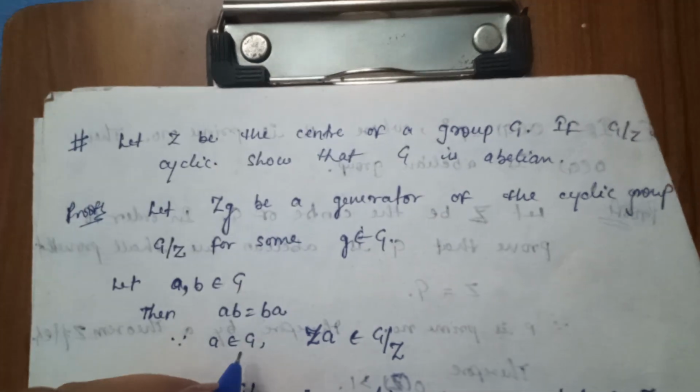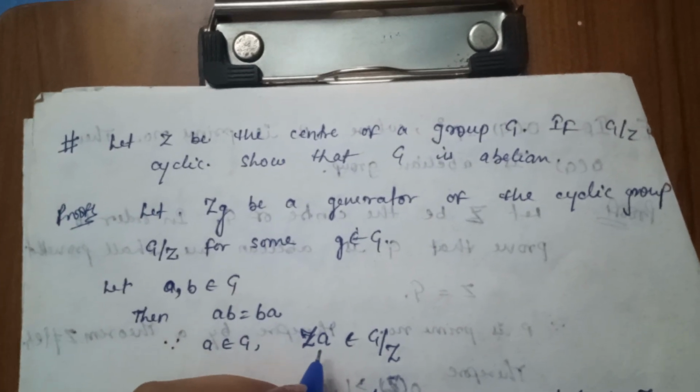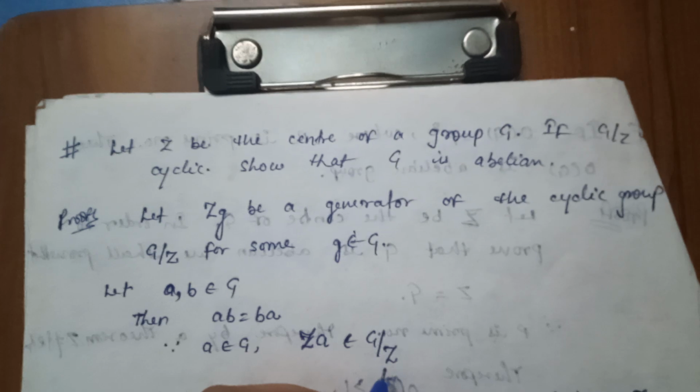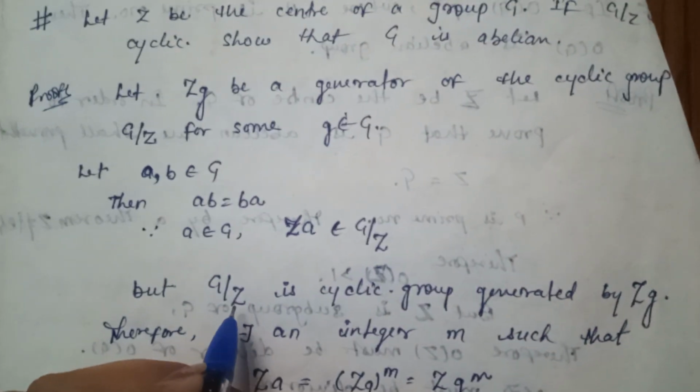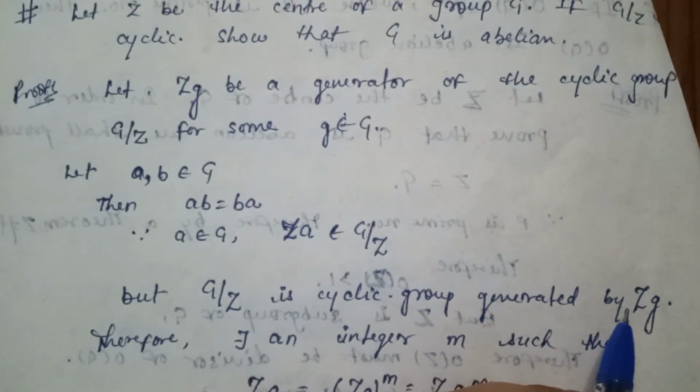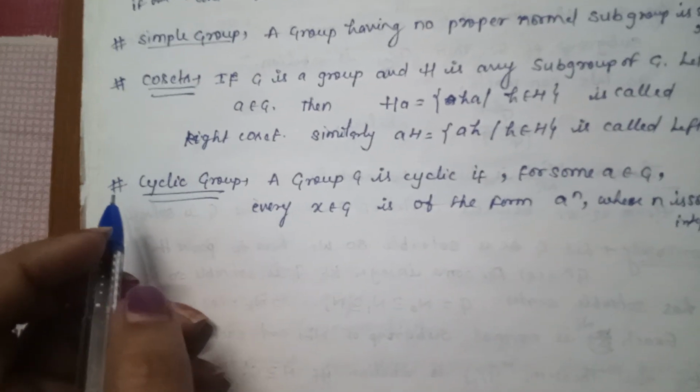Since A belongs to G and ZA belongs to G by Z, but G by Z is a cyclic group generated by Zg. हमने साइक्लिक ग्रुप की डेफिनेशन देखी थी.